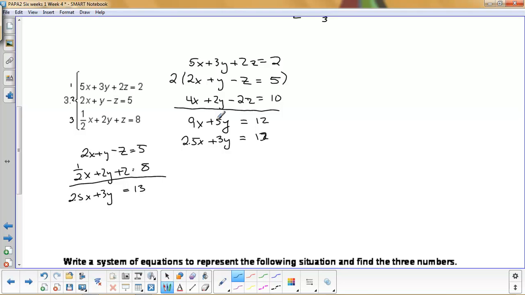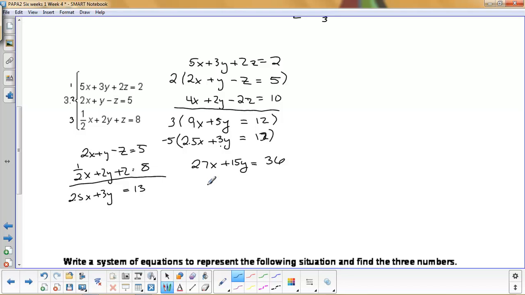So I'm going to choose the y values because they're easier to make the same than the x's are. I'm going to have to pick the 3 here, and the -5 here. It doesn't matter which you do, either way will be acceptable. So I get 27x plus 15y equals 36.